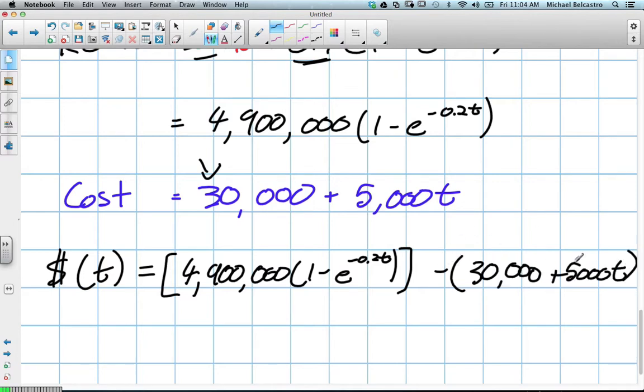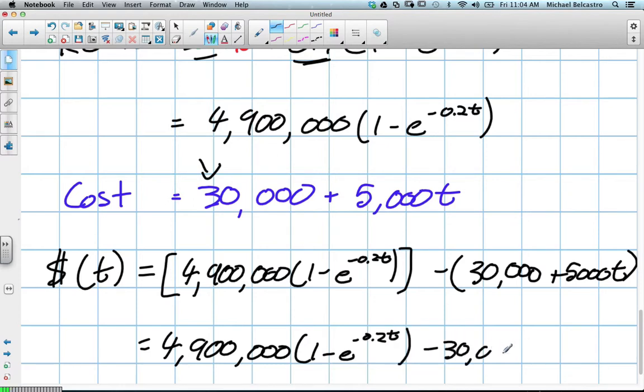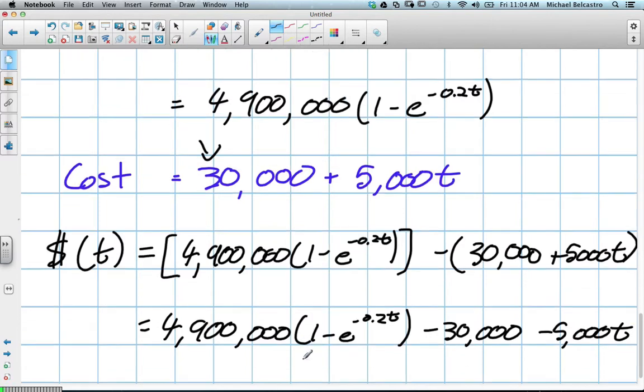We can distribute this negative so all of our brackets can fall off. We're left with 4,900,000 times 1 minus e to the power of negative 0.2t, minus 30,000 minus 5,000t. This is our profit function. A bit complex to come to.